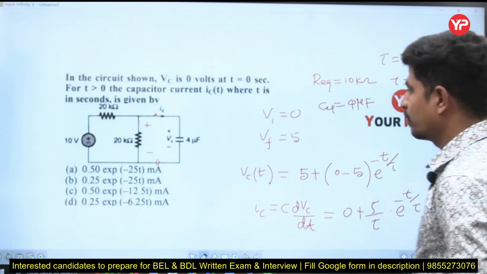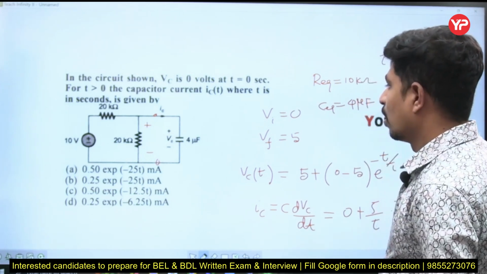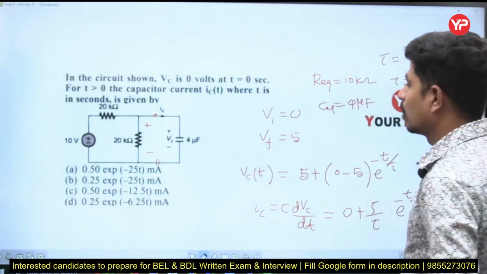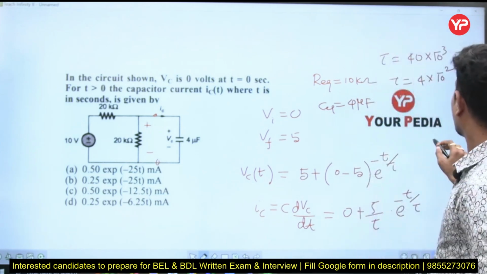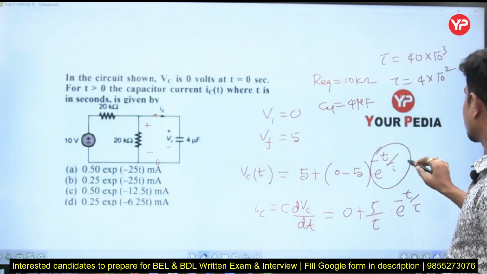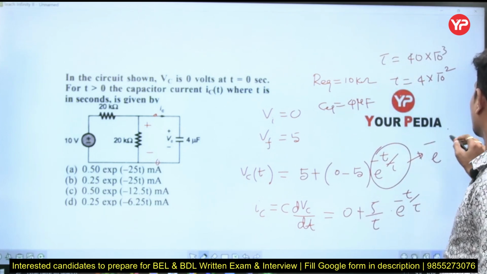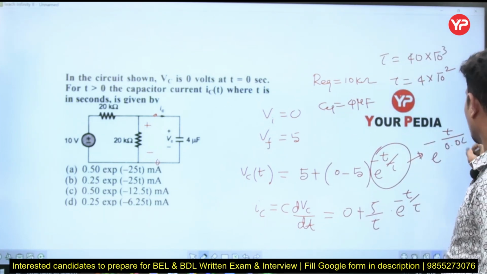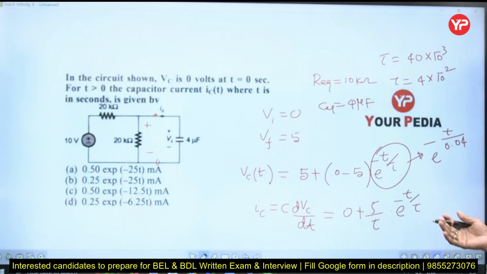What is tau first of all? With this expression we go with the elimination process. Tau is 0.04, so 1 by 0.04 is 25. So e power minus 25 t.